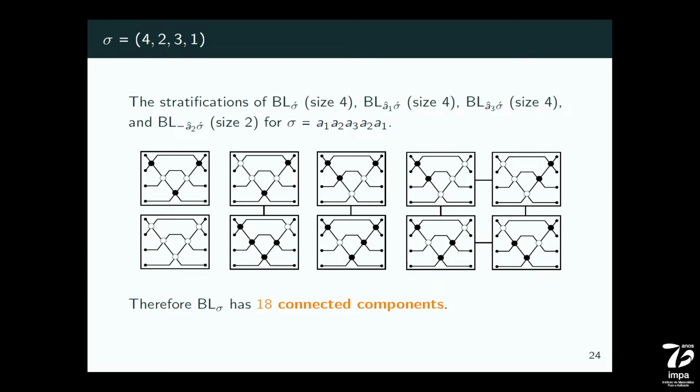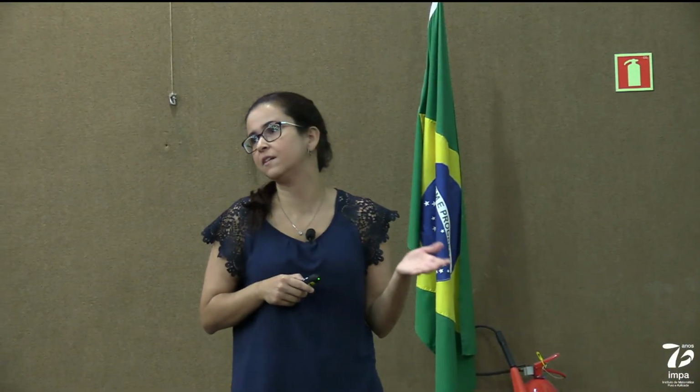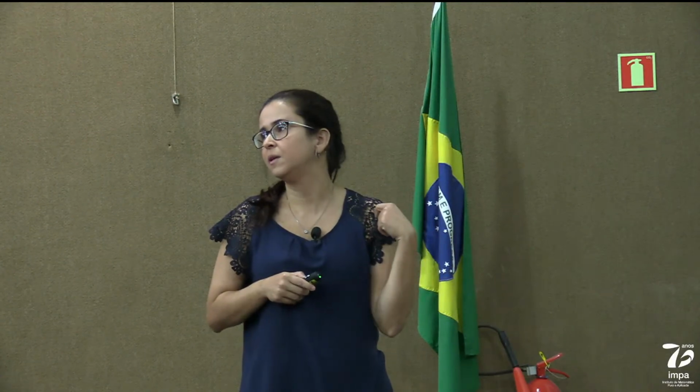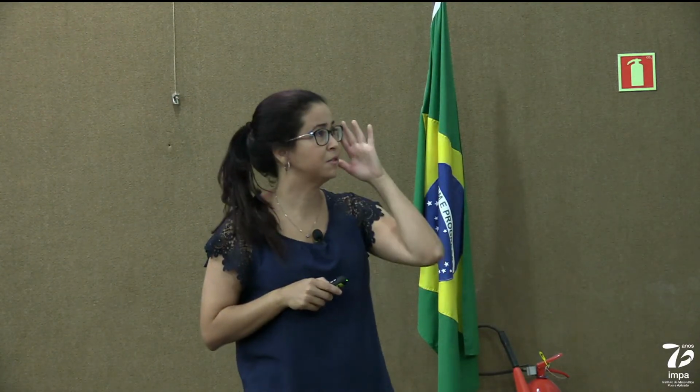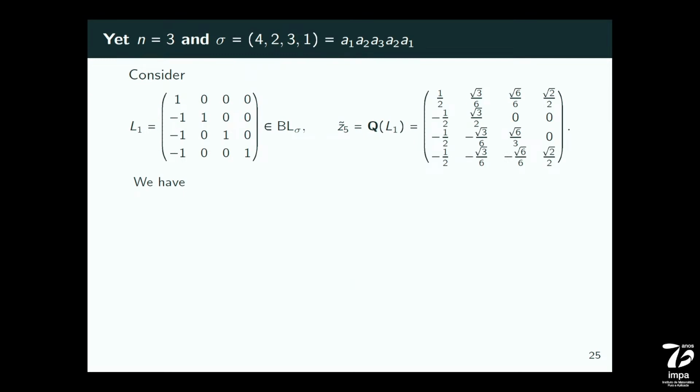Okay. So what you are probably asking is what type of matrix you have here. That was a question that you asked me in the beginning. What type of matrix do you have here in one stratum of codimension 2, for example? Because if you are in a stratum of codimension 0, it's easy to see. So I took an example.